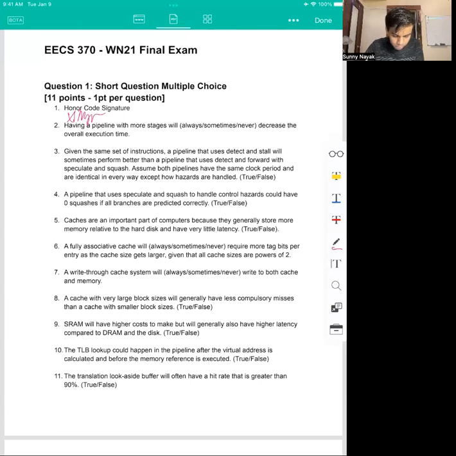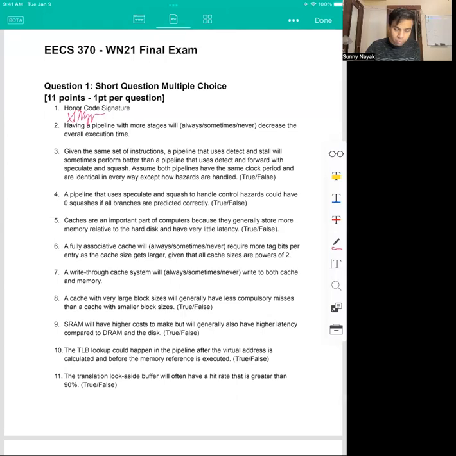The example that comes to mind where this statement is true is a single stage pipeline. A single stage pipeline is essentially just a single cycle processor because you're not doing multiple things in parallel. We've seen in this class multiple instances where our 5-stage pipeline performs significantly better than our single stage processor because it allows us to parallelize instructions.